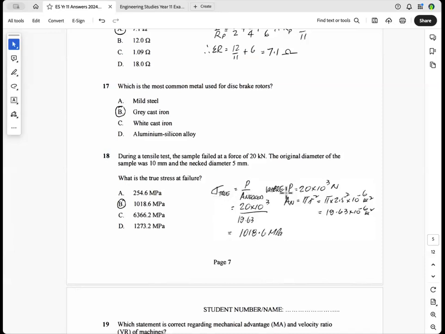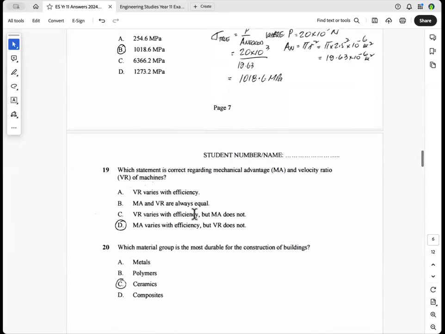So you write down your formula, you put your values here and make sure you use the necked diameter, which is 5 millimeters. So it's 2.5 squared. And you don't need to put 10 to the minus 6 here because your answer will be in megapascals. And so 1018.6 is the answer.